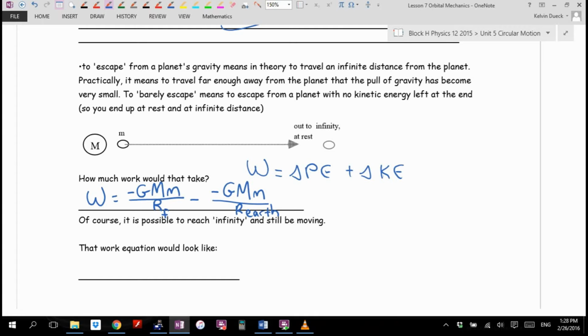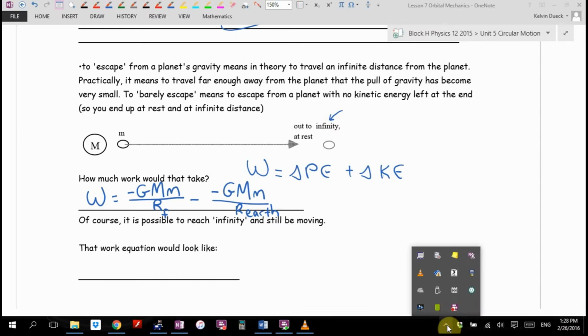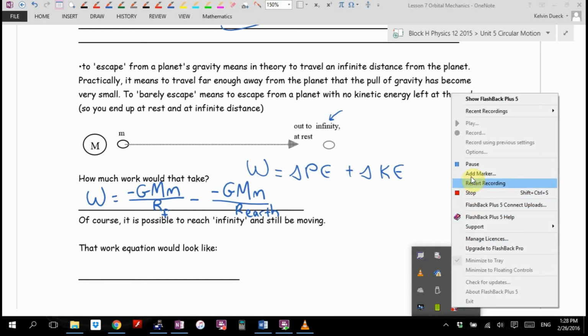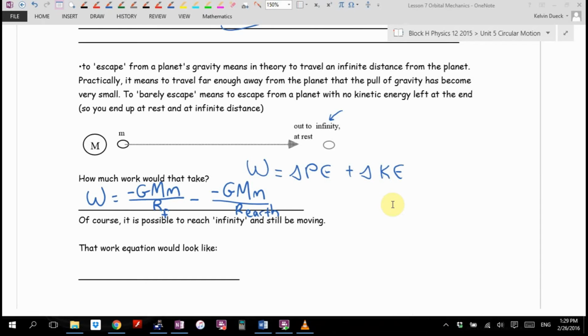Okay. If we actually get to infinity, what happens when we divide by infinity? Pause the video for 1 second. If you get out to infinity, who's in calculus?